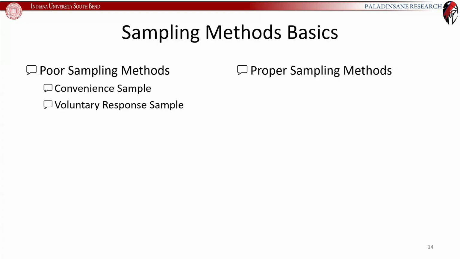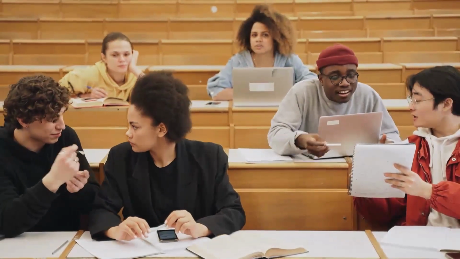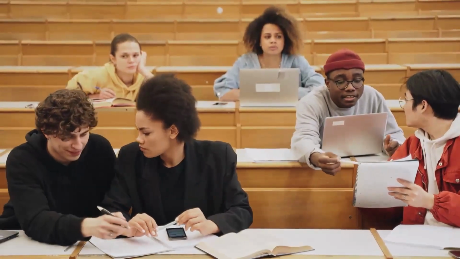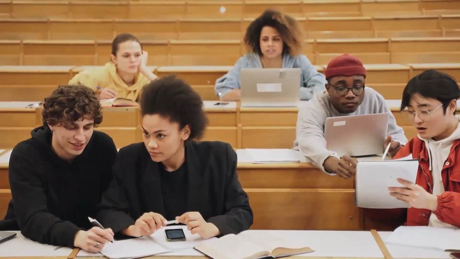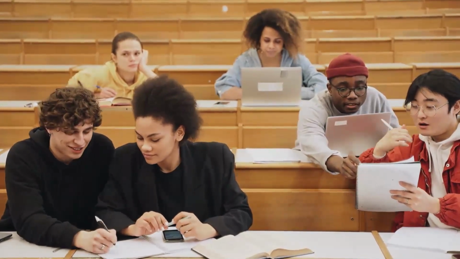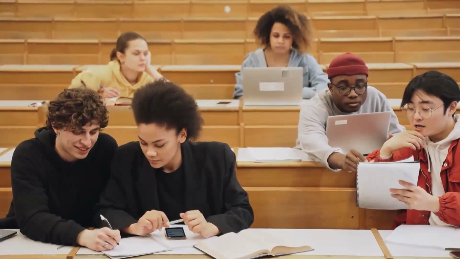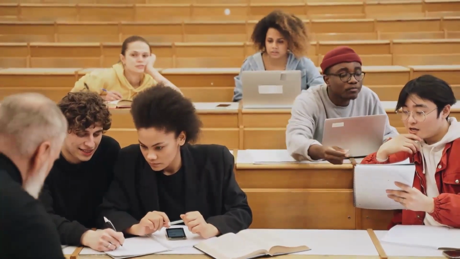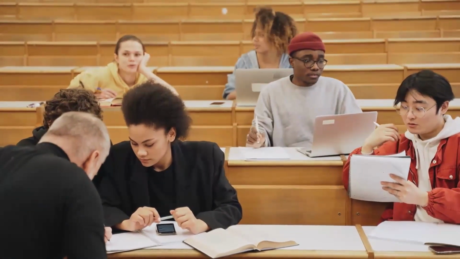And if you're thinking about your experience in Introduction to Psychology, your opportunities to serve in psychology experiments for extra credit, you will notice that you, as a university subject, are actually a convenience sample because you're readily available for professors, and it's voluntary sampling because professors will ask the entire class.